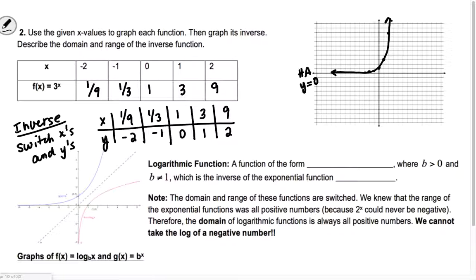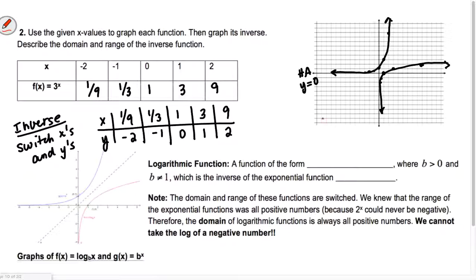When we had a horizontal asymptote before, did you guys see that we have a vertical asymptote now?